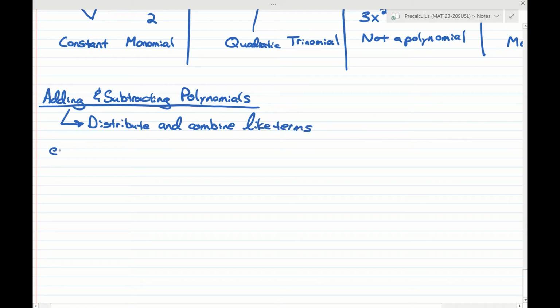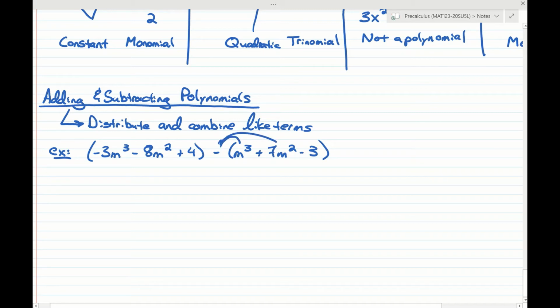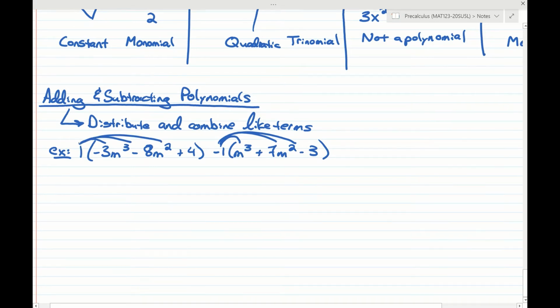So for example, if we had a problem like this, negative 3m to the third minus 8m squared plus 4. And we're subtracting m to the third plus 7m squared minus 3. Well, we could distribute this negative 1 technically in front, and then we'll just combine our like terms. If there's no number in front of parentheses, you could always just put a 1.